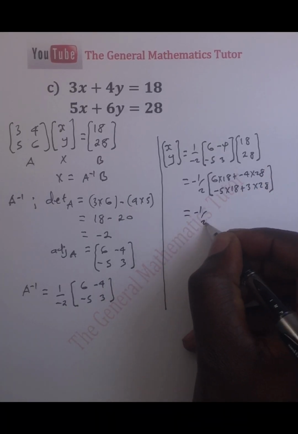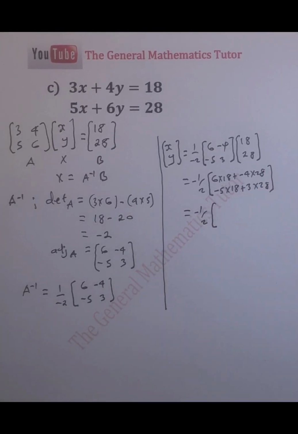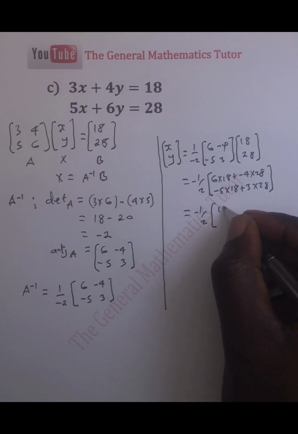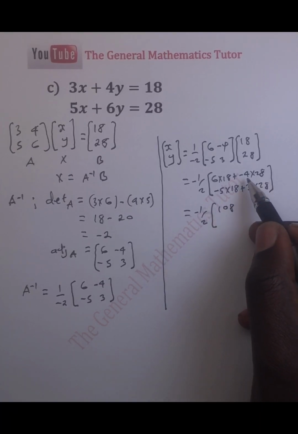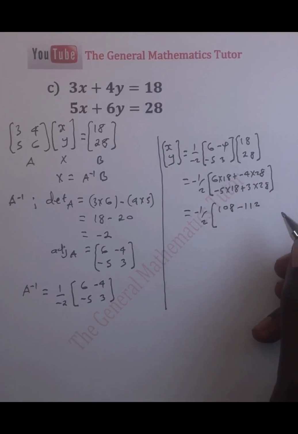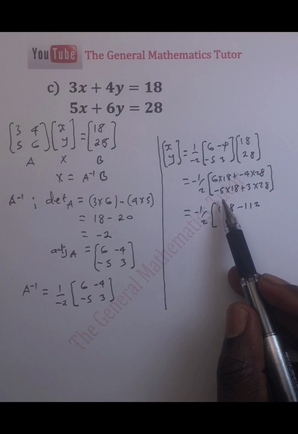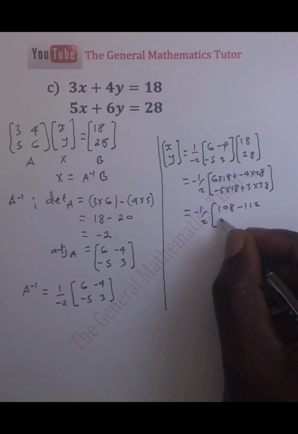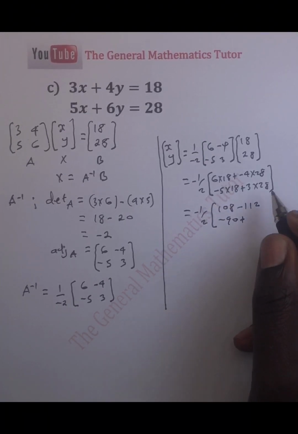So we can simplify that further. 6 times 18 is the same as 108, and negative 4 times 28 is the same as negative 112, and then we have negative 5 times 18, which is negative 90, plus 3 times 28, which is 84.